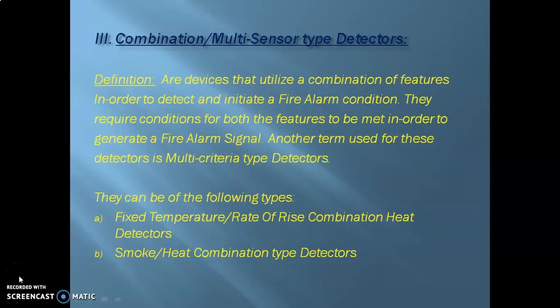So the next type of alarm initiating devices that we will be talking about are the combination or multi-sensor type of detectors. As the definition states, these are the devices that utilize multiple criteria or a combination of features in order to detect and initiate a fire alarm condition, which means that they are required to satisfy multiple criteria, either two or more types of criteria or conditions to be met in order for them to generate a fire alarm signal.